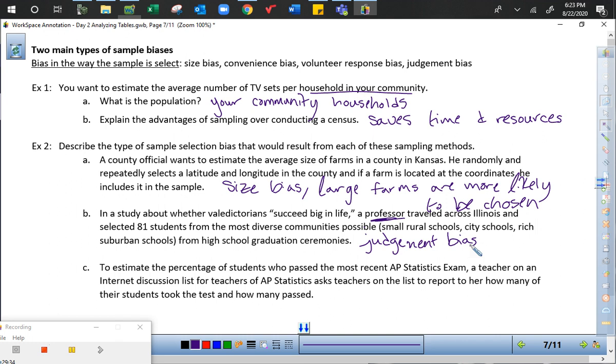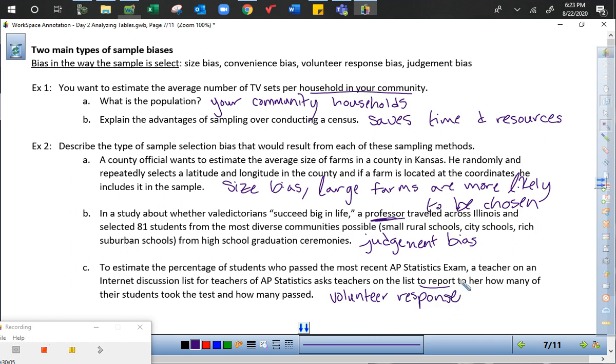Next up, it says percentage of students with the AP exam, but it's teachers on our list who are reporting them. Anytime it's self-reporting, that is your volunteer response. Now, this is not necessarily one where an opinion would be a problem.